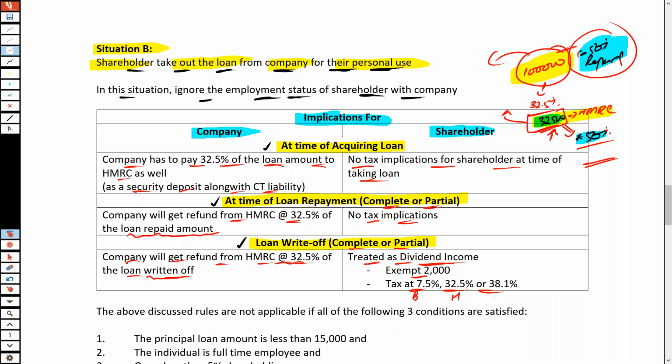If a person is a high rate taxpayer, the dividend rate in high rate is 32.5%. And if a person is an additional rate taxpayer, meaning his total taxable income is more than the second band limit of 150,000, then any dividend falling in the additional rate band is taxed at a rate of 38.1%.